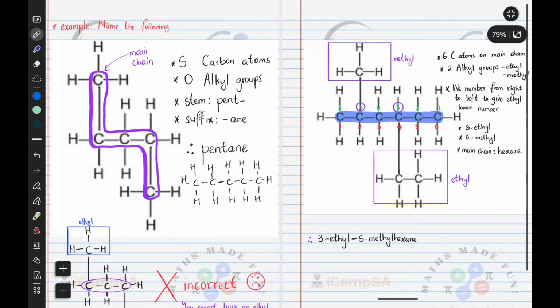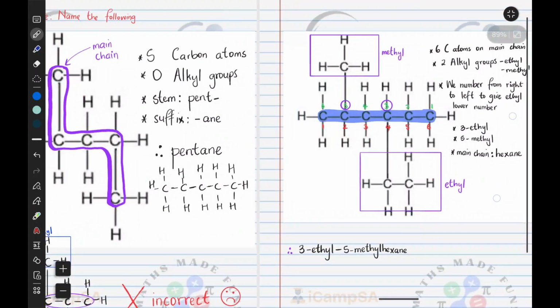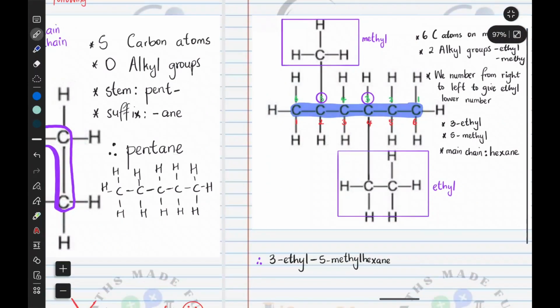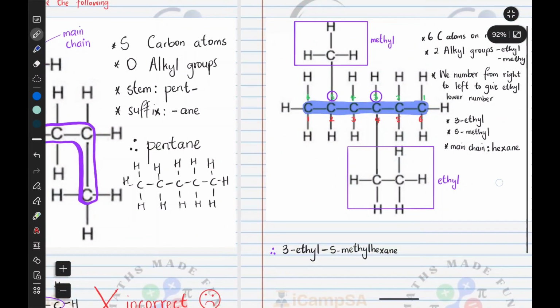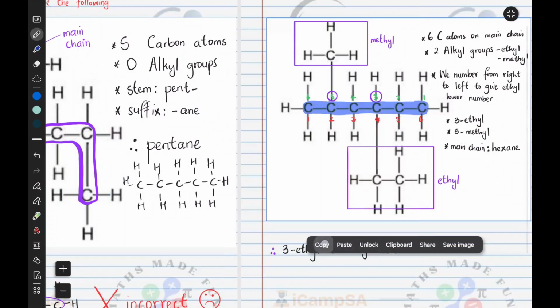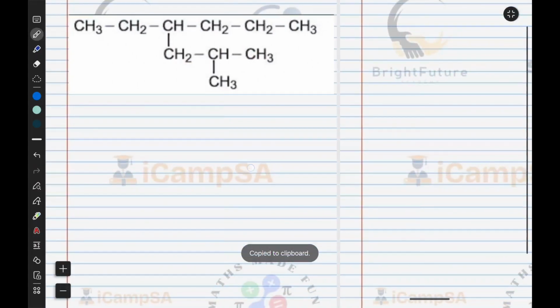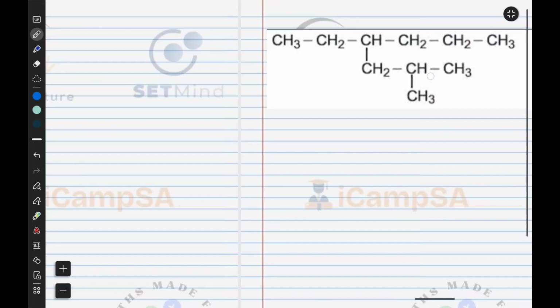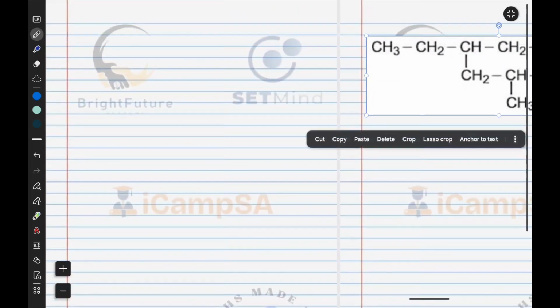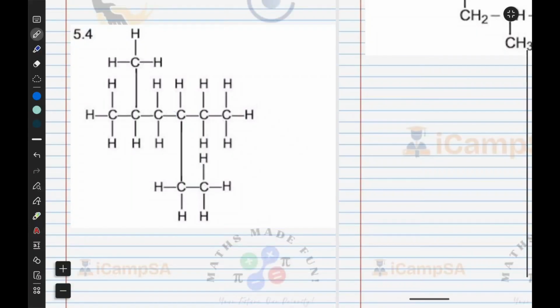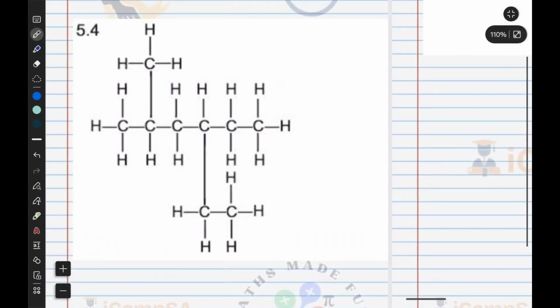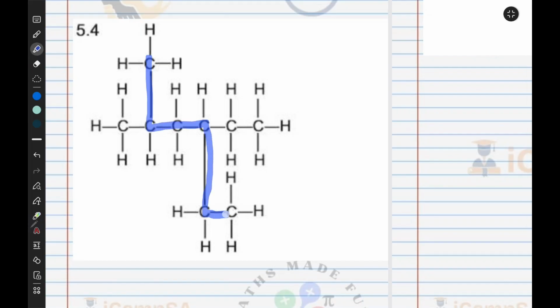So we have another example. But before we do that, I wanted to show you that you can still do this even if you chose this branch. 1, 2, 3, 4, 5, 6, right?